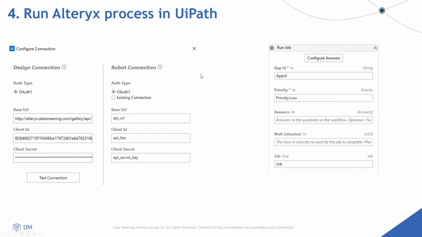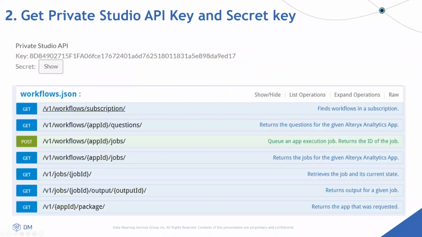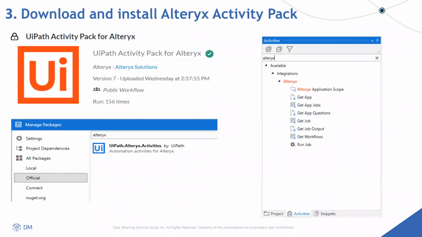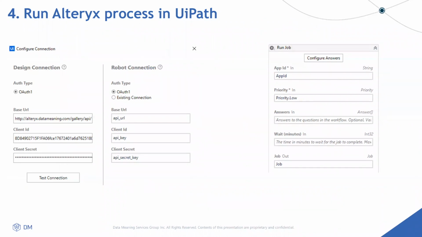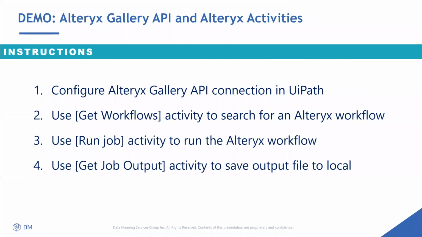All right, so these are, I would say, the essential four steps you have to do if you want to build your first process, to make sure that you have the UiPath and are trying to call the Alteryx workflow. Next, I will give you the demo I just described.